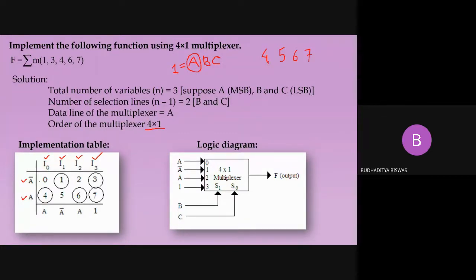So that's why 0, 1, 2, 3 are written in the first row. And if A equal to 1, or simply A, then another 4 minterms can be possible. These are 4, 5, 6, 7. So 4, 5, 6, 7 are written in the second row. Understand?